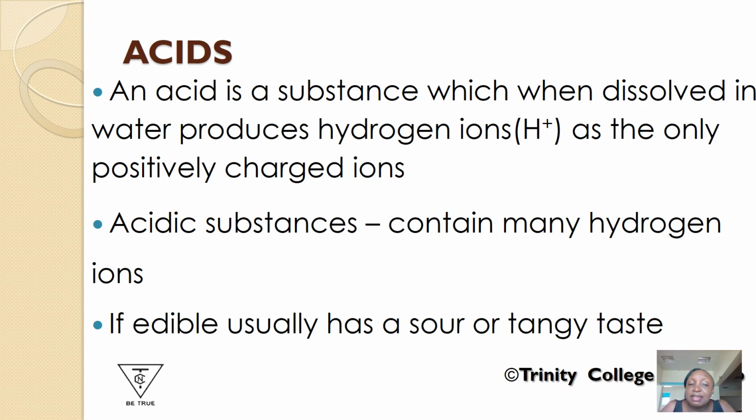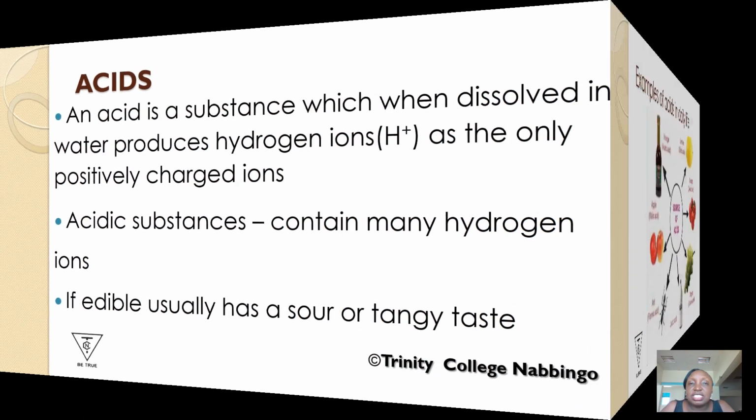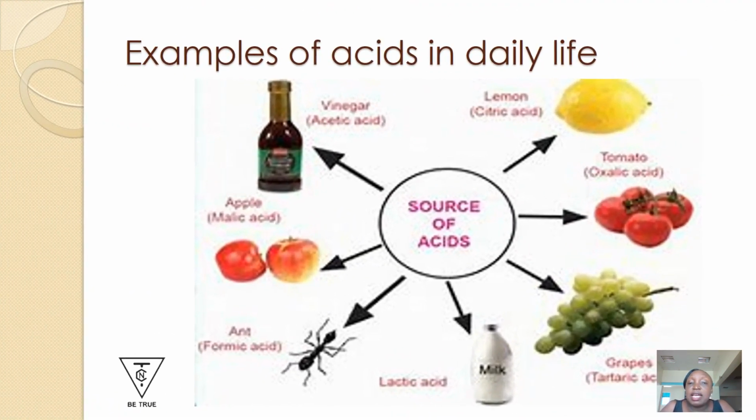Now, some are edible, some are not. But those that are edible usually have a sour, tangy taste. Like I said, in our daily life, we have acids that we have come across. For example, lemon has citric acid. We have tomatoes.